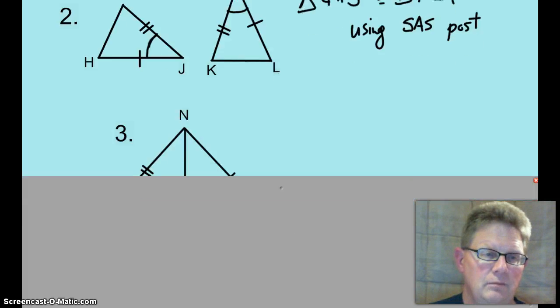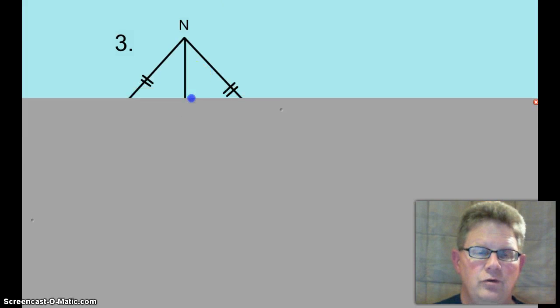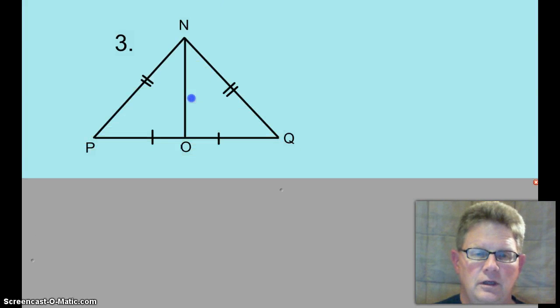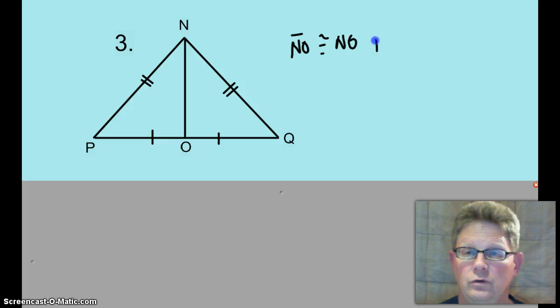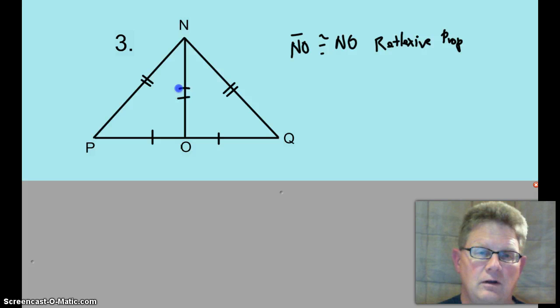Now sometimes they may not give you enough information, and you have to use your vast knowledge of everything you know so far. And I think the first thing that you'd like to say is that segment NO is congruent to segment NO using the reflexive property. So we'll 3 tick mark that all by itself, and once we do that, it's fairly easy to see that the triangles are congruent using side angle side.